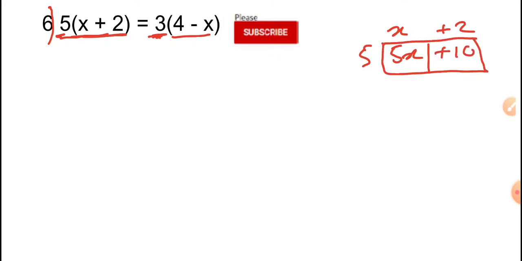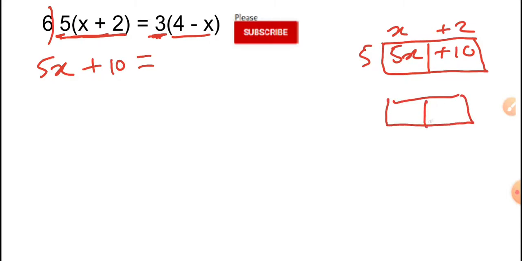So the left hand side, when you expand the bracket, is 5x plus 10, which is equal to, and then I would expand the right hand side, 4 minus x and 3 here. So 3 times 4 is 12, and 3 times minus x is minus 3x. So we have 12 minus 3x.